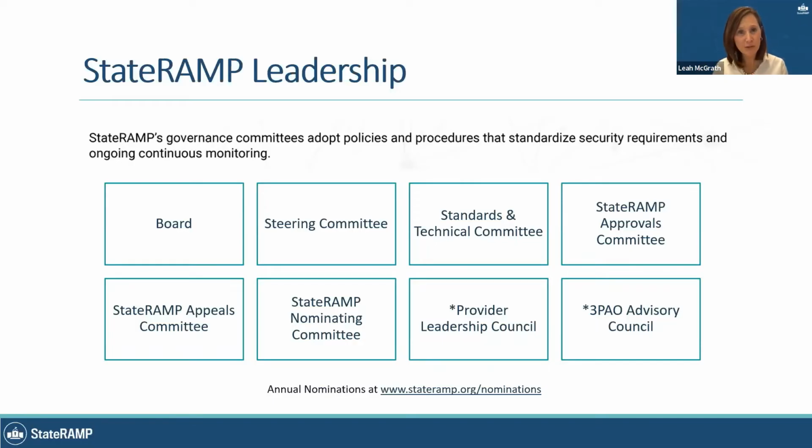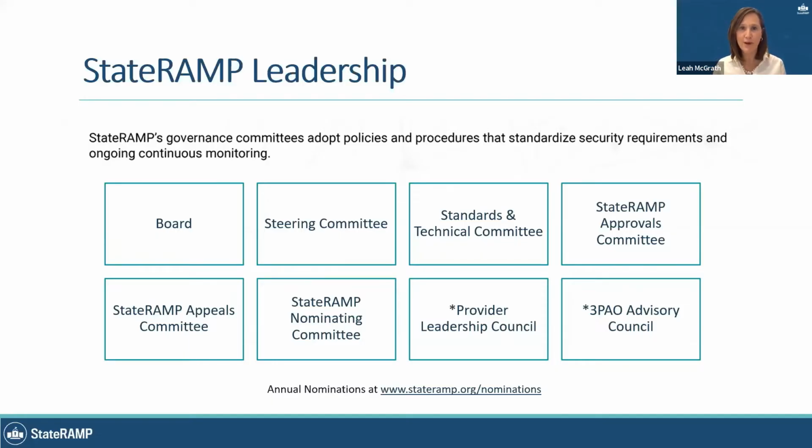Our StateRAMP Approvals Committee is comprised of 5 government representatives, and that's a committee that has responsibility for reviewing packages that are going for authorization. And Noah's going to explain that process, but that approvals committee is really critical to the success and part of what allows us to open the door to any provider who has interest in coming through this process or becoming a part of StateRAMP.